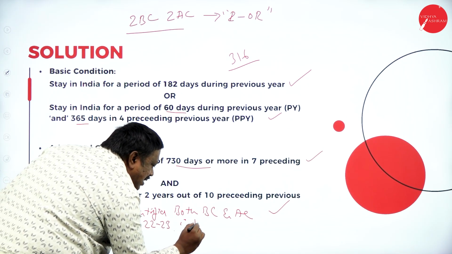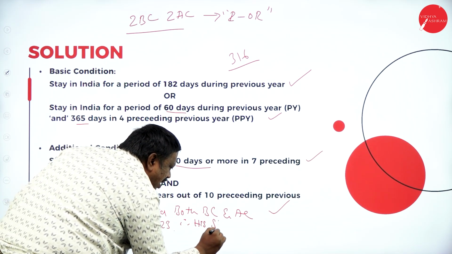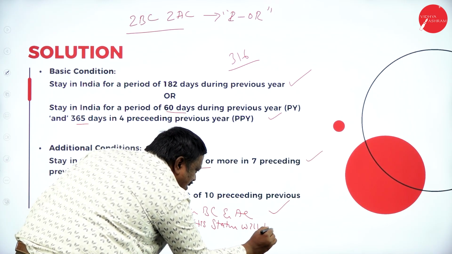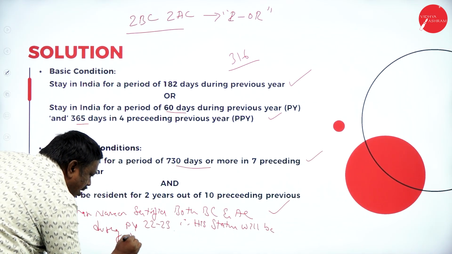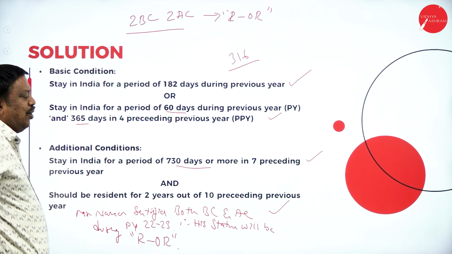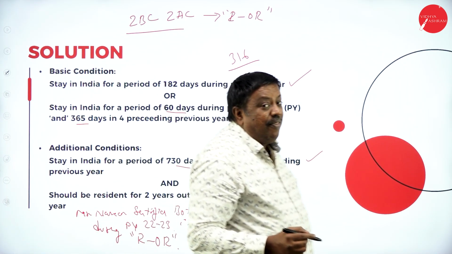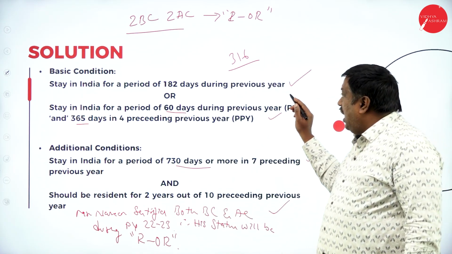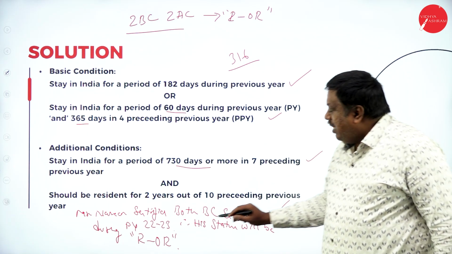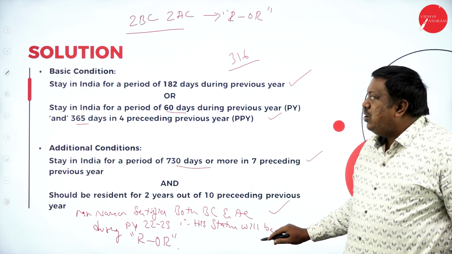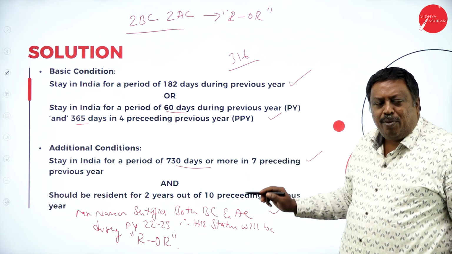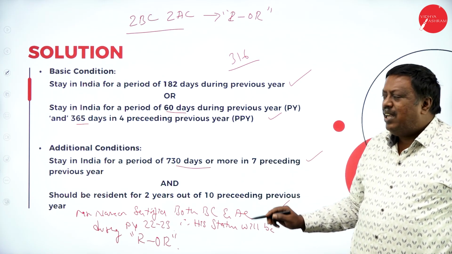Therefore his status will be resident, ordinary resident. So say if I satisfy both additional conditions and both basic conditions, then they're going to call me a resident, ordinary resident. This is how you have to calculate. Go through the problem properly, understand that one, and then solve.